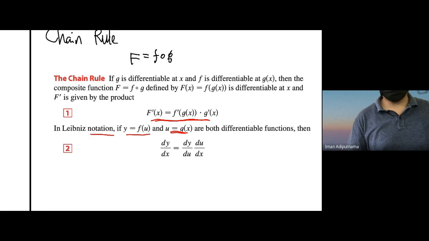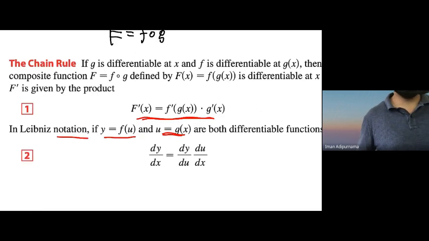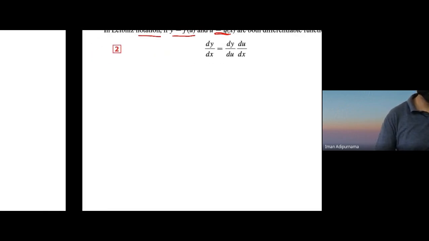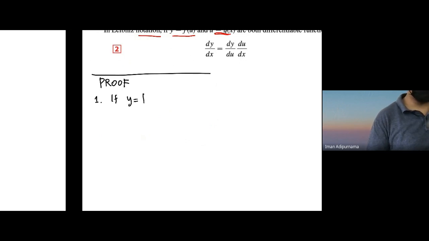Actually, I want to prove the chain rule, how this is true for all chain rule. Okay, let me write here. Let me write this is proof. So first, if y is f of g of x, then I want to prove that this is true.